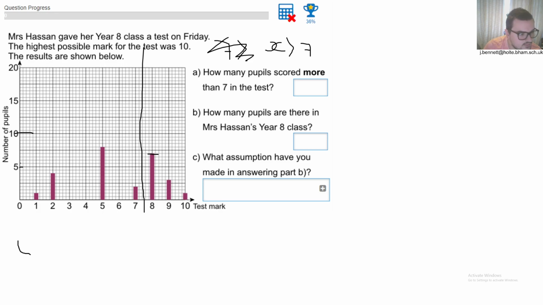If there are 10 of these little increments in between 5 and 10, we can say that for every 2, we increase by 1. So there is 6, there is 7, there is 8, there is 9, and there is 10. And we've also got here 4, 3, 2, 1, and 0.